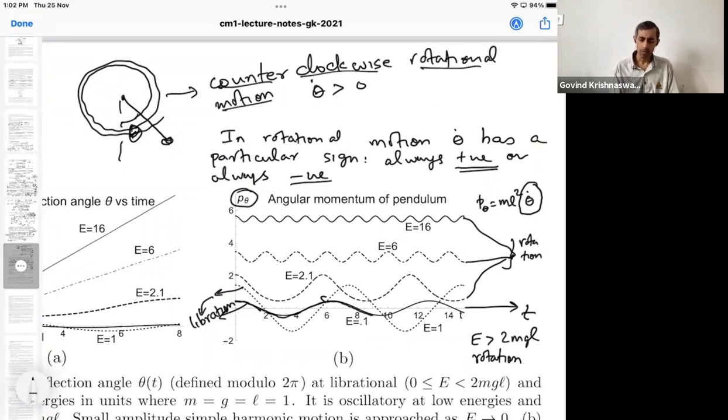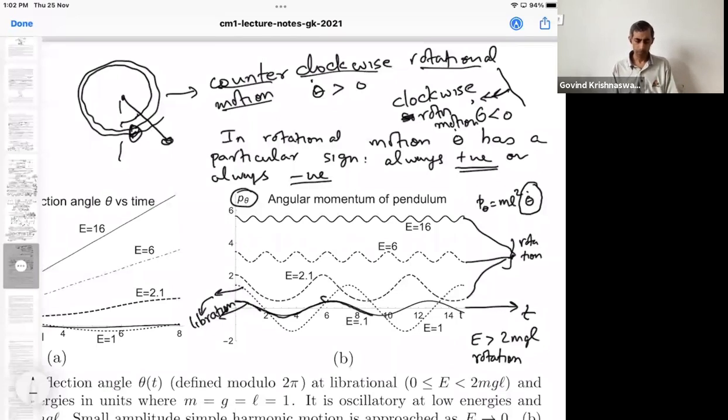On the other hand, if theta dot is always decreasing, it means that the bob is moving this way, so theta dot is negative. So this corresponds to clockwise rotational motion. If theta dot has a definite sign, it implies that p theta also has a definite sign.